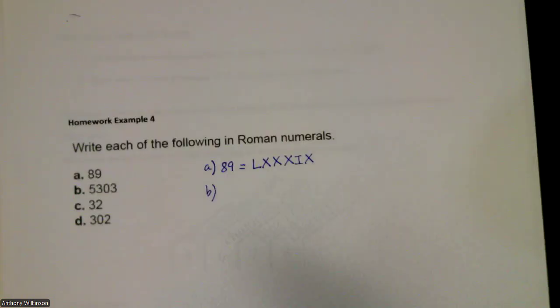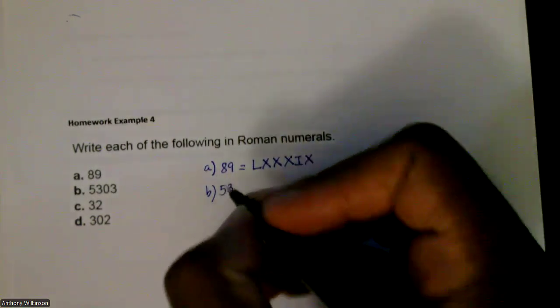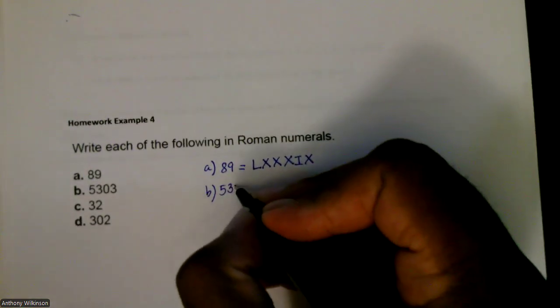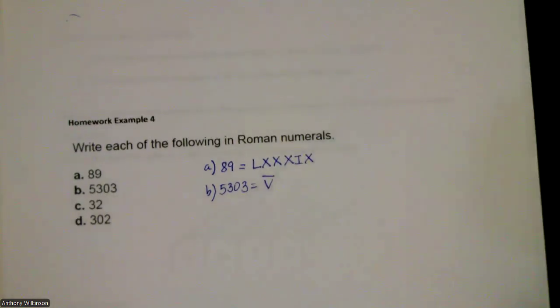For 5,000, that 5 has a Roman numeral of V. So let's use that. And for 5,000, we'll put a bar on top of the V because that's going to mean 5 times 1,000 is 5,000.